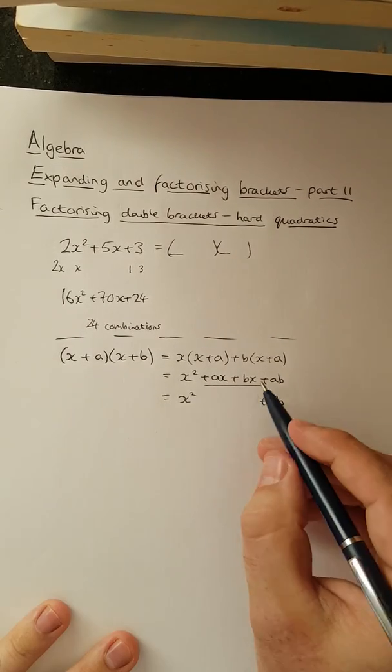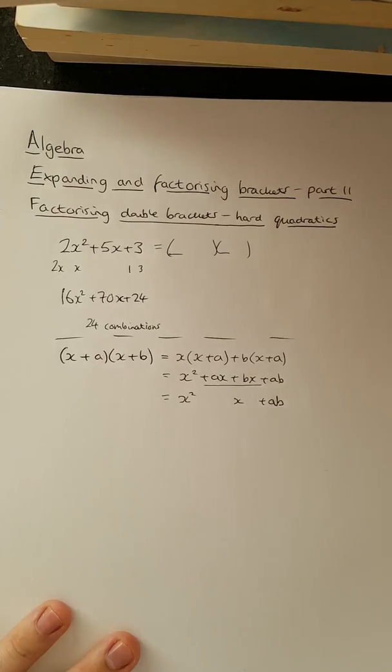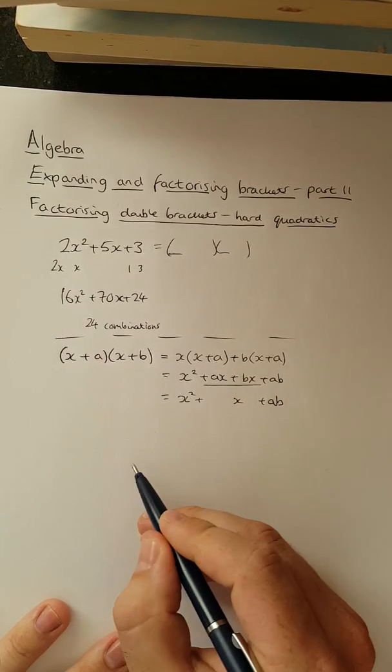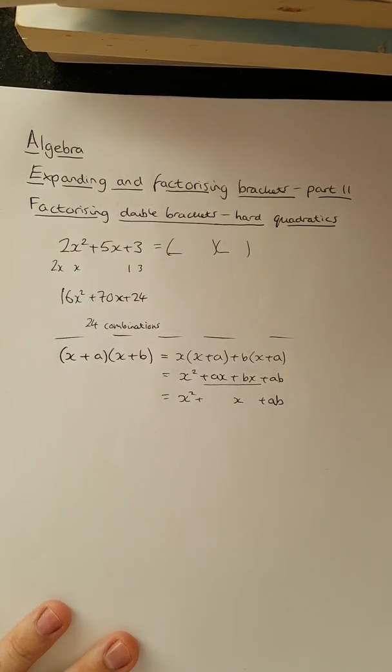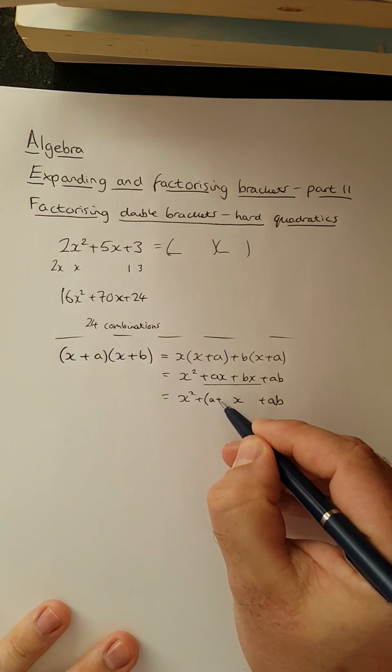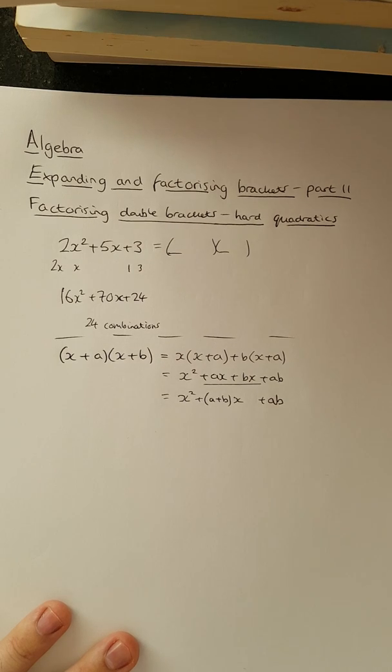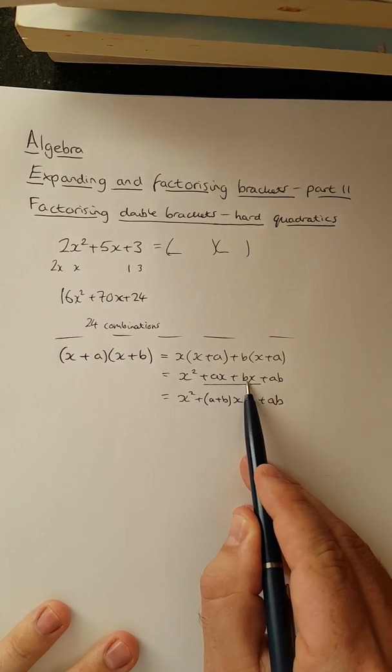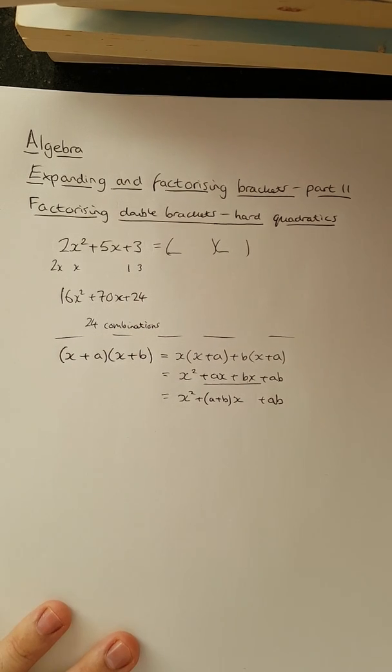Now, those are both x terms. I've got a lots of x and b lots of x. So what do I have? Well, I've got a plus b lots of x. If this was 2x and this was 5x, you would add them here to get 7x.